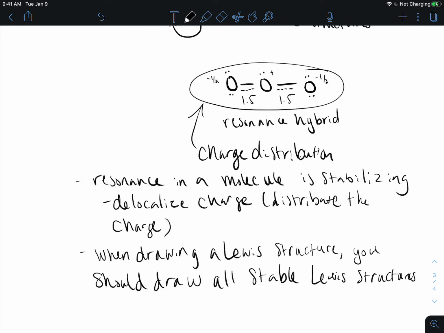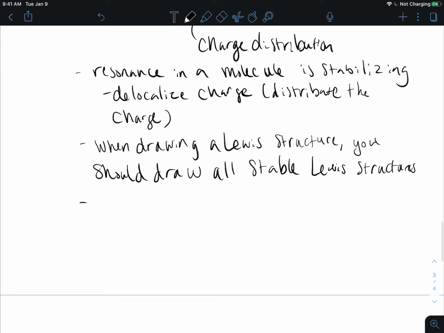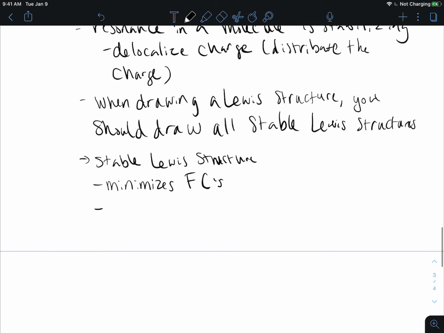If you want to minimize formal charges, a stable Lewis structure minimizes formal charges, gives octets to all atoms in the molecule.